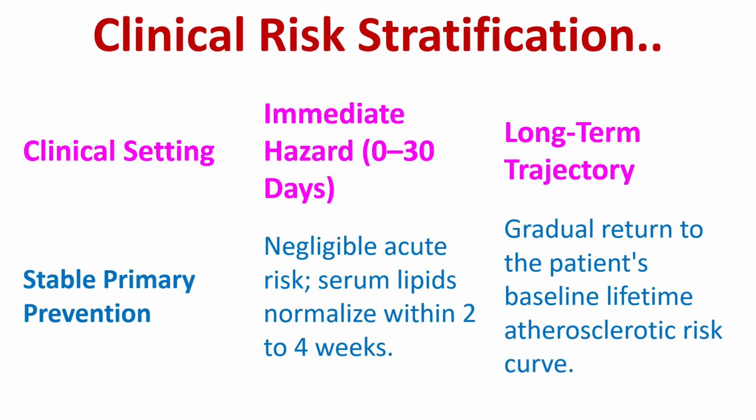For a stable primary prevention patient, immediate hazard within 0 to 30 days is negligible acute risk. Serum lipids normalize within 2 to 4 weeks. Long-term trajectory, gradual return to the patient's baseline lifetime atherosclerotic risk curve.